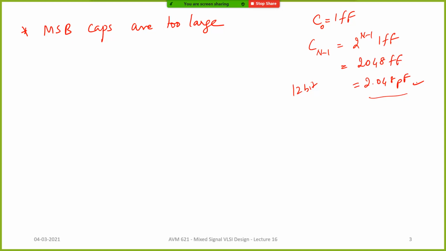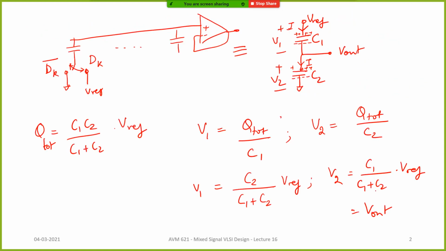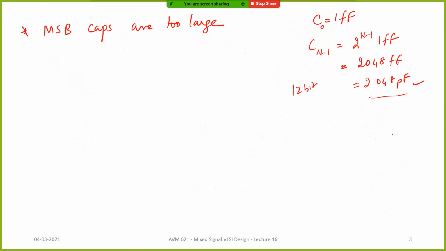Output voltage will increase. Why will it increase? It's anyway a ratio, no? The output voltage is C1 divided by C1 plus C2. So as long as you preserve the ratio, what is there?